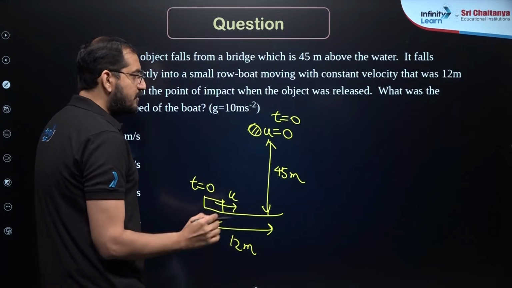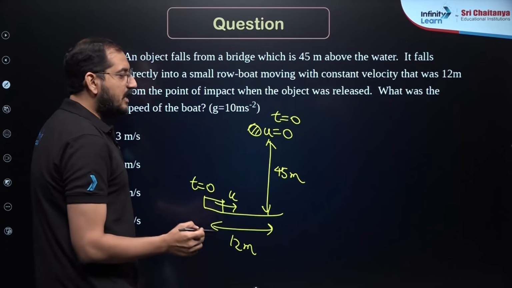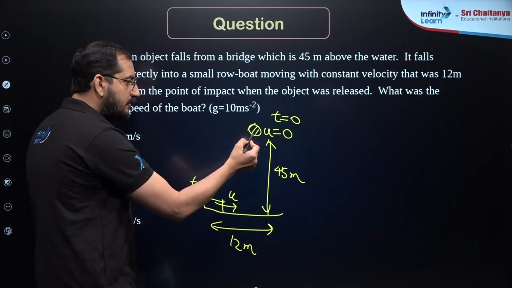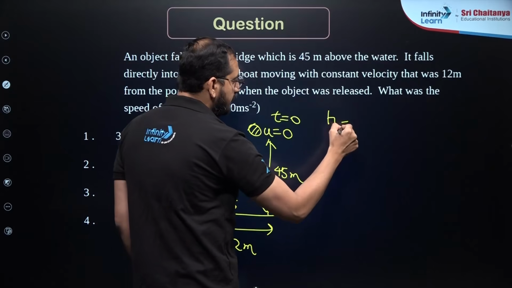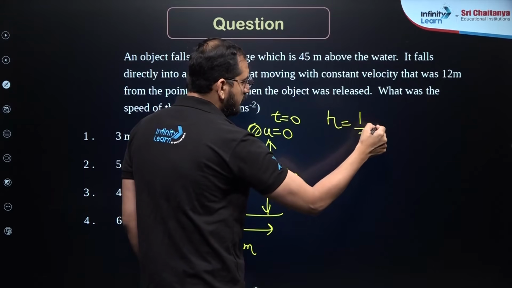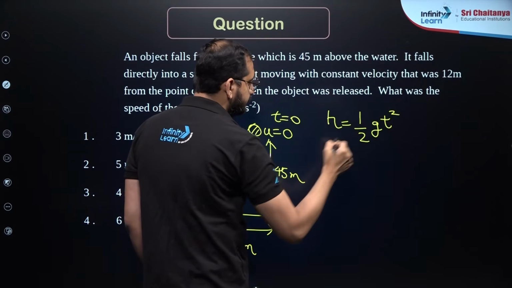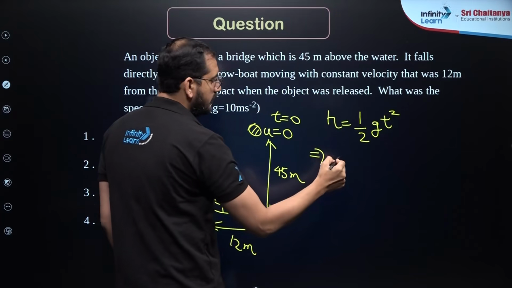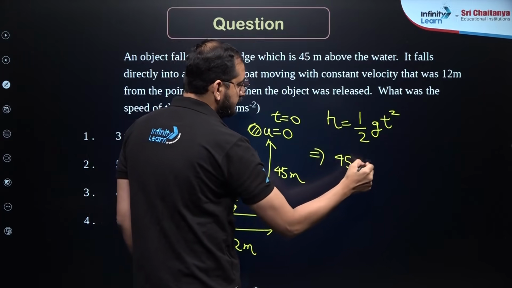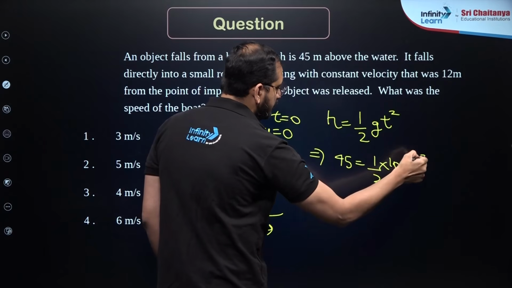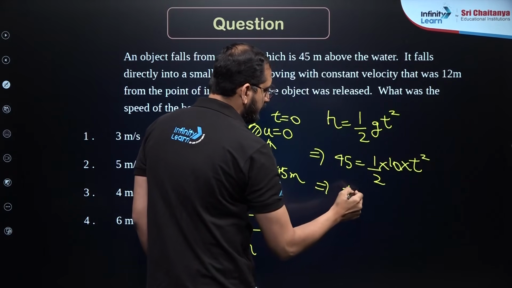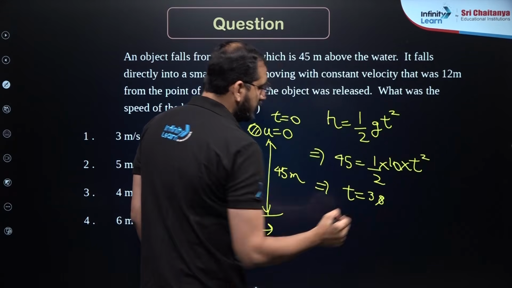It means that first of all, I need to calculate how much time is taken by the ball to reach this point. Okay, so we know that the formula for a falling body is h equal to half g t square. Height is given to us as 45. Value of g is 10. So from here we get t is 3 seconds.